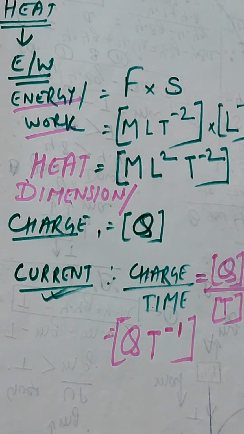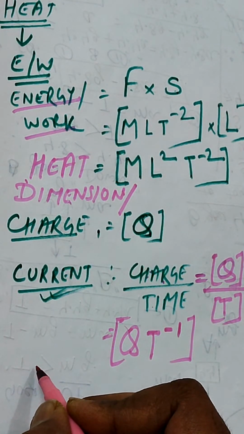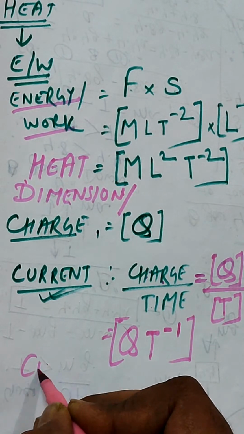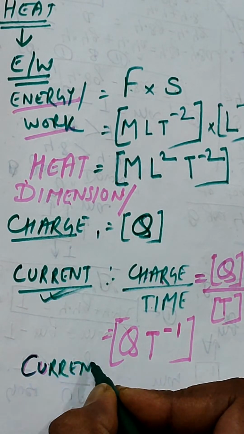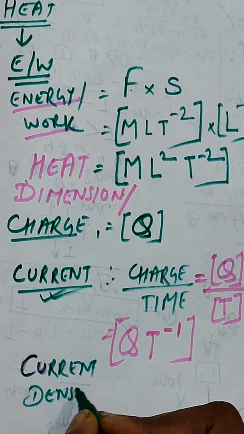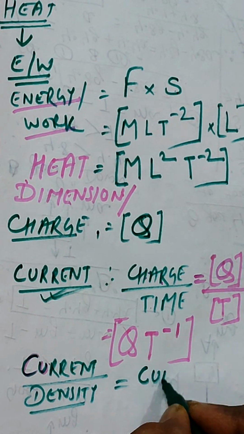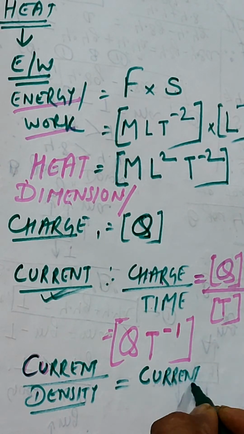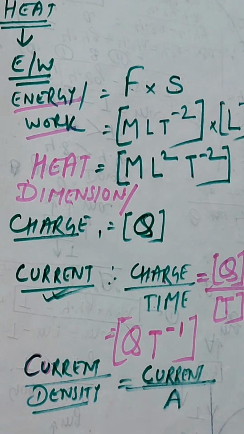We can take another example apart from current, maybe current density. What is the dimension of current density? Just remember the formula. Current density is current flowing per unit area. And what is the unit of area?